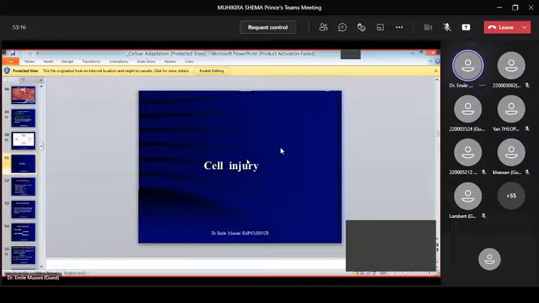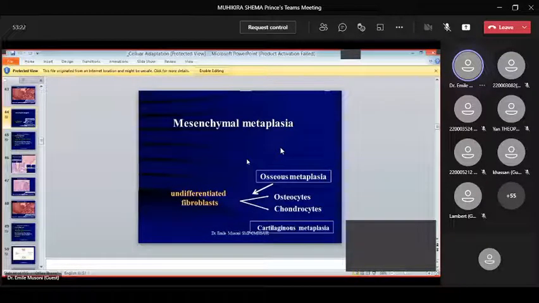This mesenchymal metaplasia is rare. It is where those fibroblasts, if you remember storage, become bone or cartilage. So the fibroblast will become osteocytes.